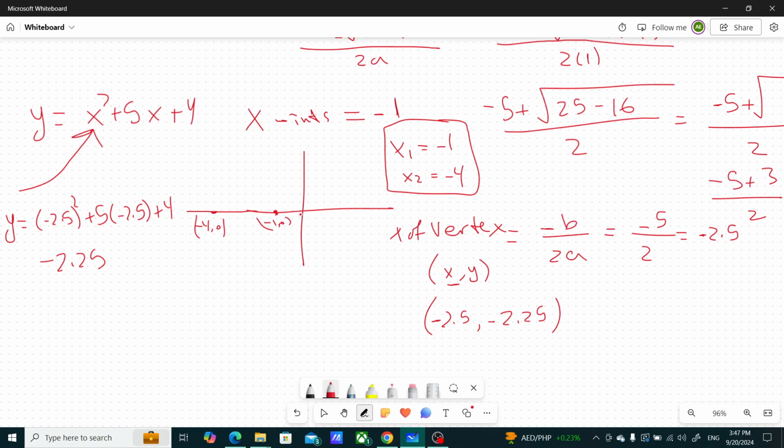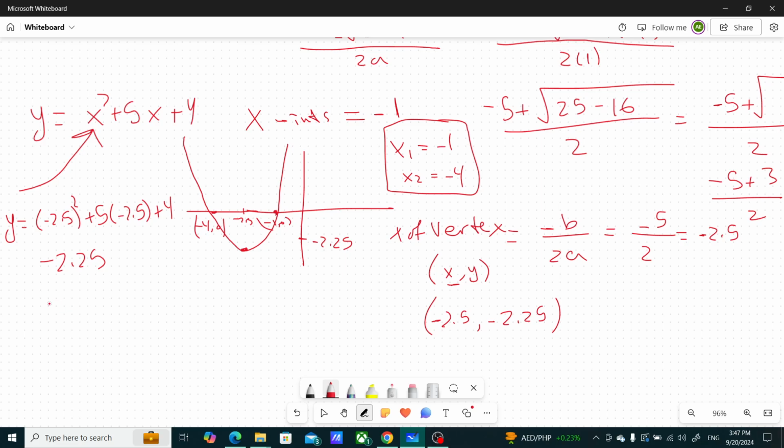So I will come and I will see, okay, here is negative 2.5 and the y is negative 2.25. So this is my point, this is my vertex. So this is going to be my lowest point. So my parabola is going to look something like this. Now I have solved my parabola.